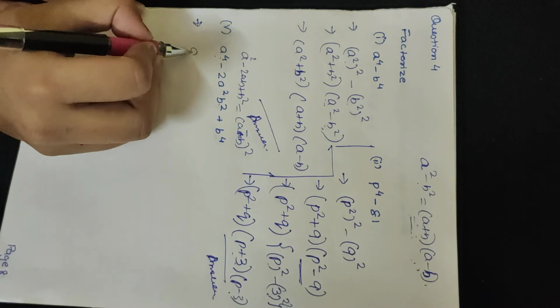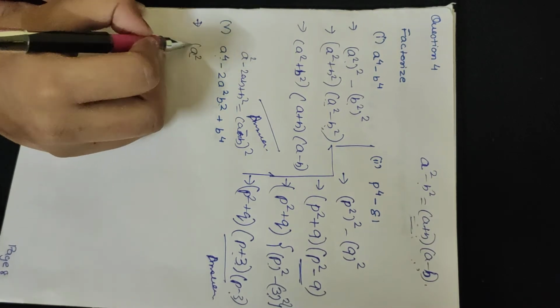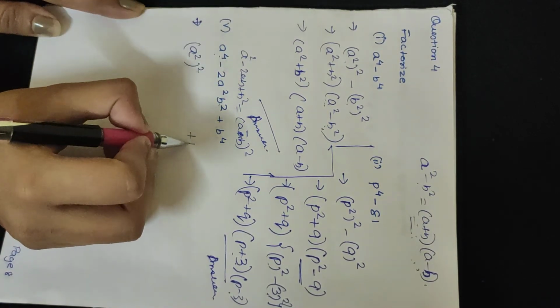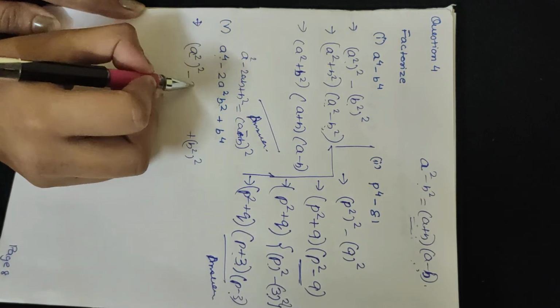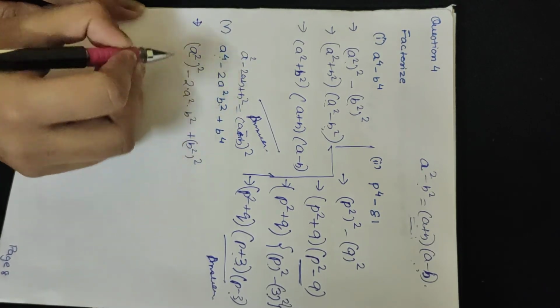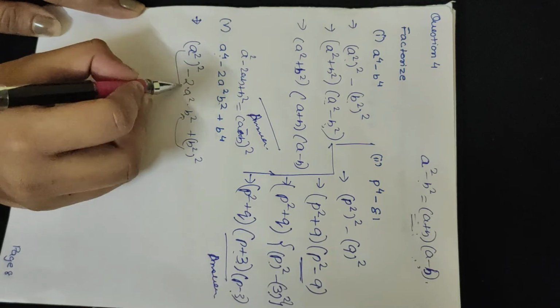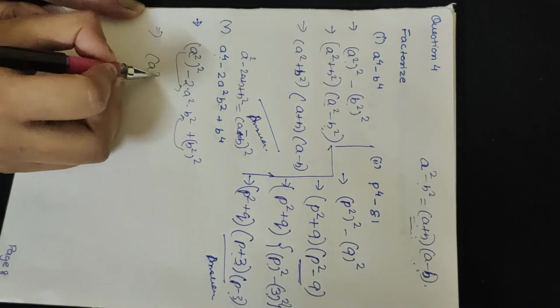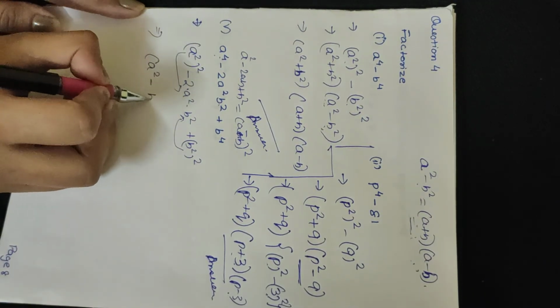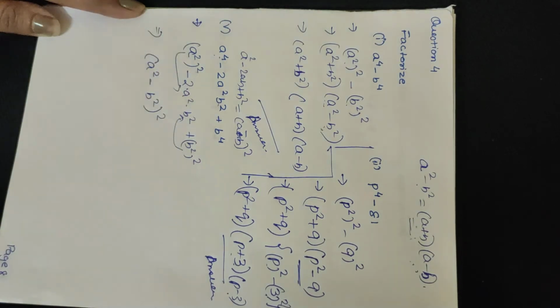So (a square) whole square plus (b square) whole square minus 2 into a square into b square. So it is going to be (a square minus b square) whole square.